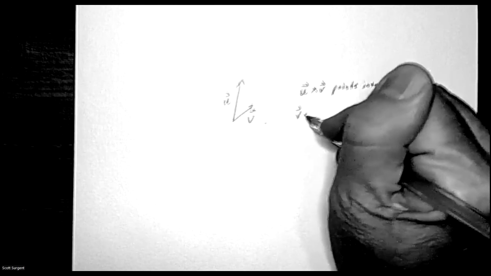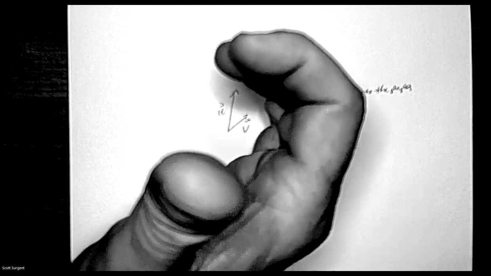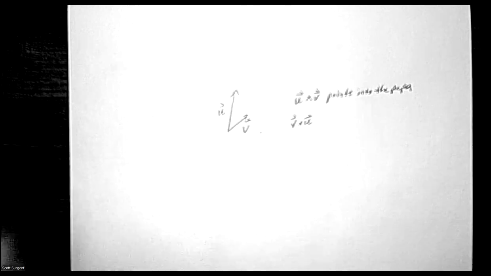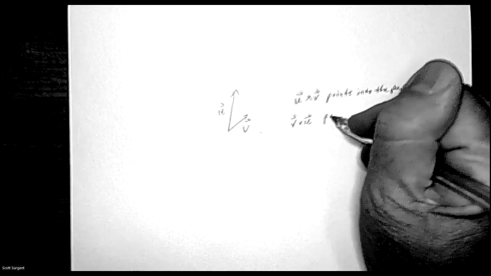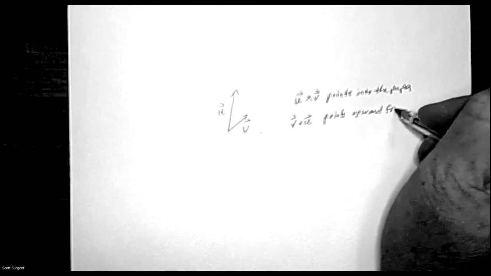V cross U, on the other hand, you can see that I'm going from V to U. My thumb is pointing straight at you, upward from the paper.